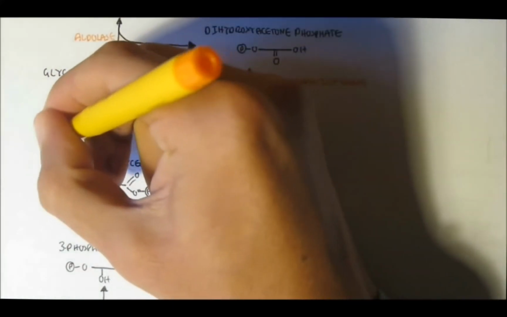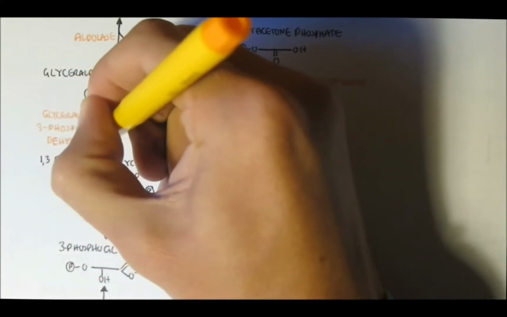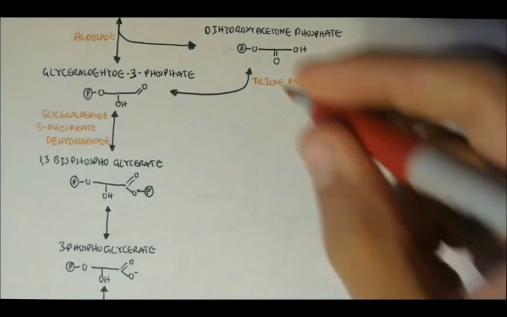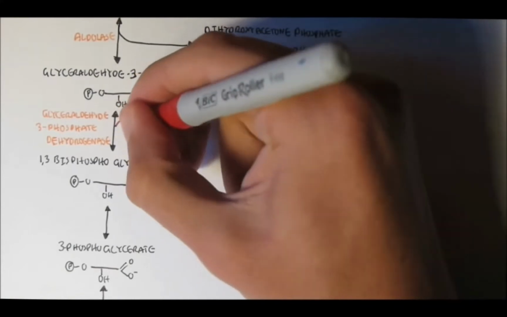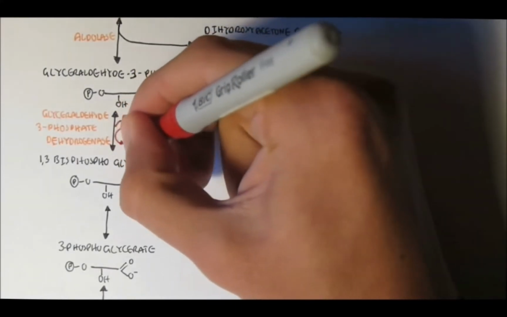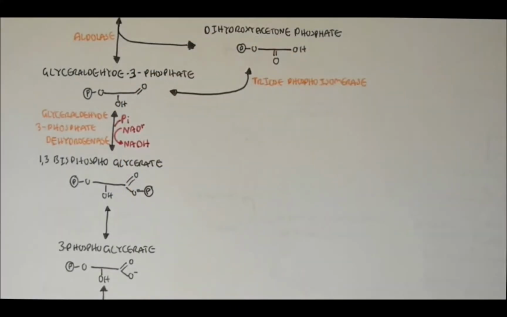So, 1 glyceraldehyde 3-phosphate with the enzyme glyceraldehyde 3-phosphate dehydrogenase will convert to 1,3-bisphosphoglycerate, the phosphate coming from inorganic phosphate.